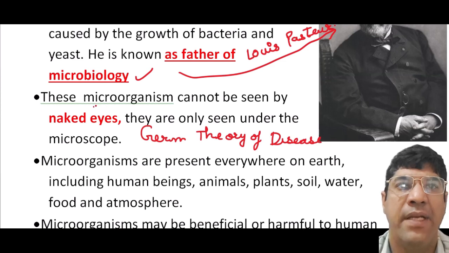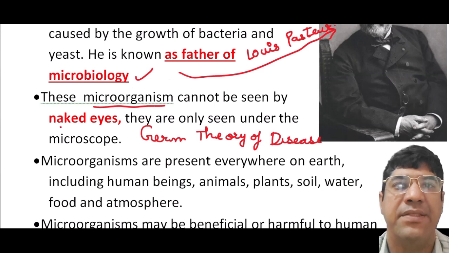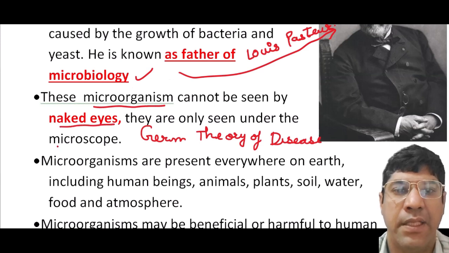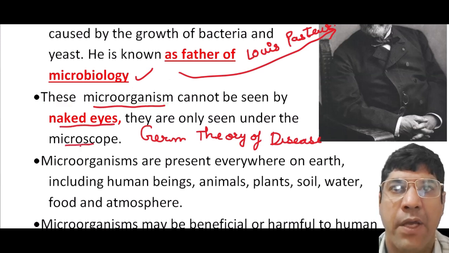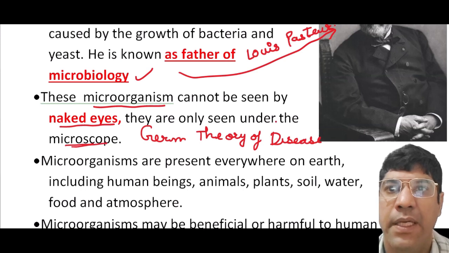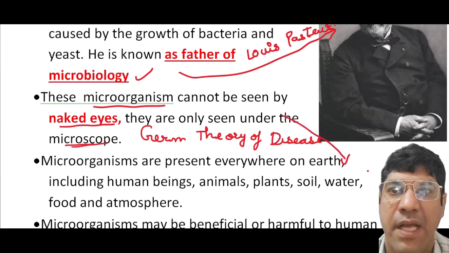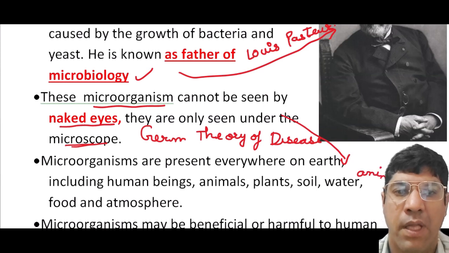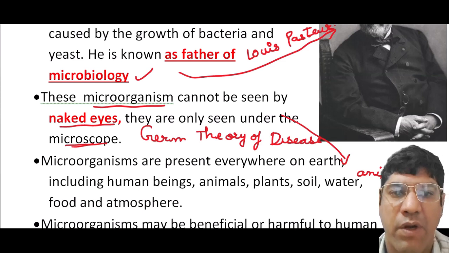However, these microorganisms cannot be seen by the naked eye. They are seen only under the microscope, and he termed them animalcules. So that means they are very small living creatures that are not visible to the naked eye.